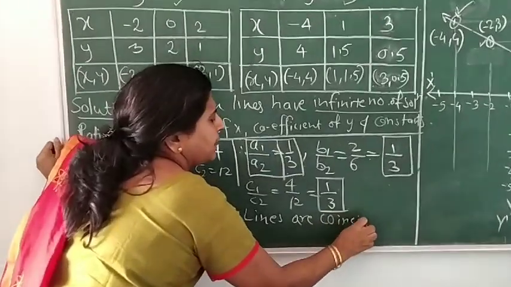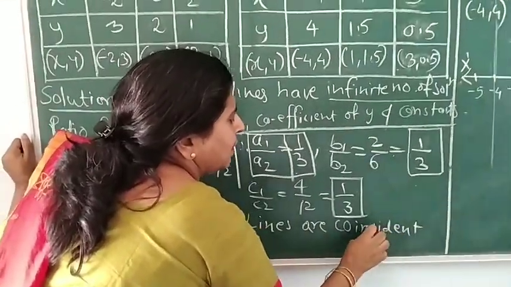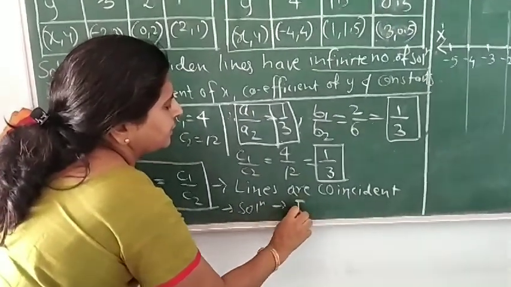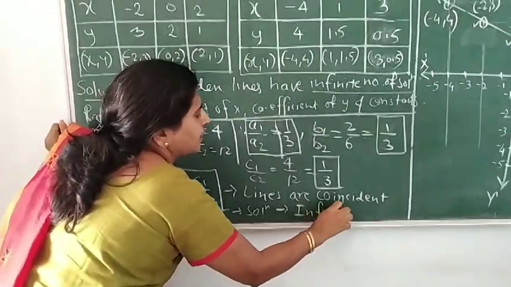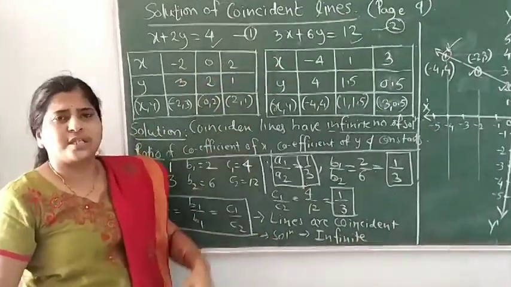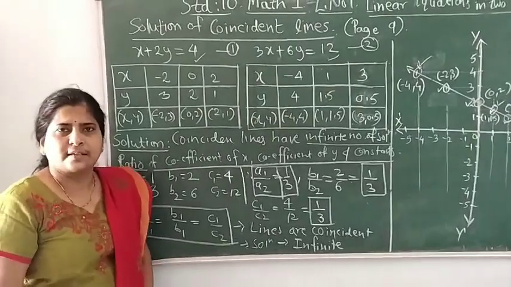Coincident means they are overlapping on each other, and in that case their solution is infinite. Each and every point on that line will satisfy the equations and is a solution of such lines. Thank you.